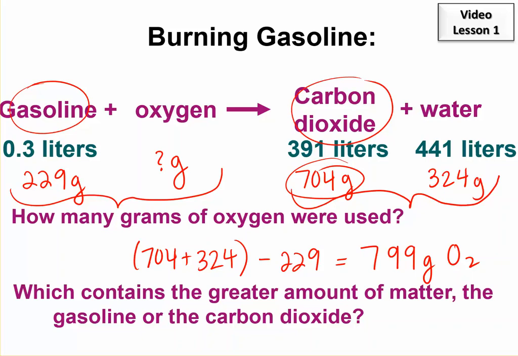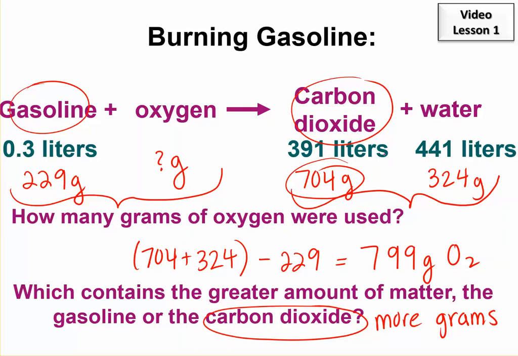So there's actually more carbon dioxide because there's more grams. Now it doesn't matter really that the volume is much larger for carbon dioxide. That really doesn't necessarily indicate the amount of matter.